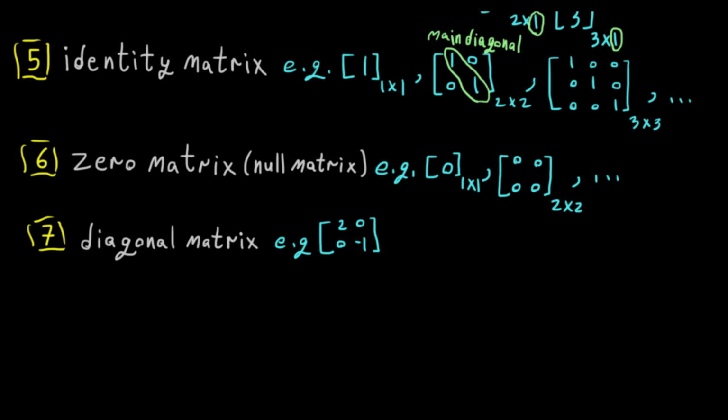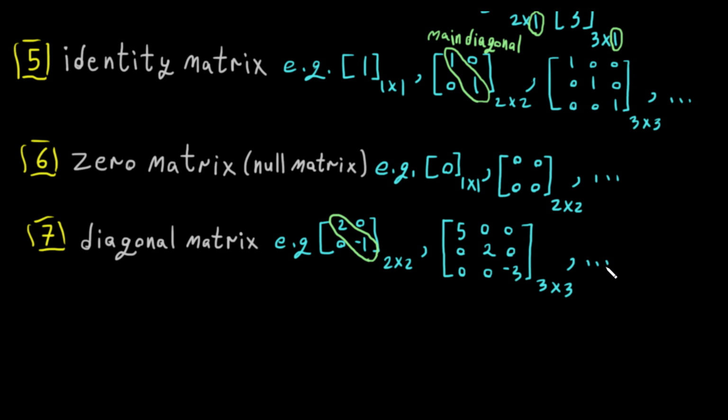You can see here on the main diagonal numbers and everywhere else are 0. So a diagonal matrix has 0 everywhere except the main diagonal. This is a 2 by 2 matrix. Let's put an example for a 3 by 3 matrix. As you can see here, on the main diagonal there are numbers, everywhere else are 0. This is a 3 by 3 matrix.